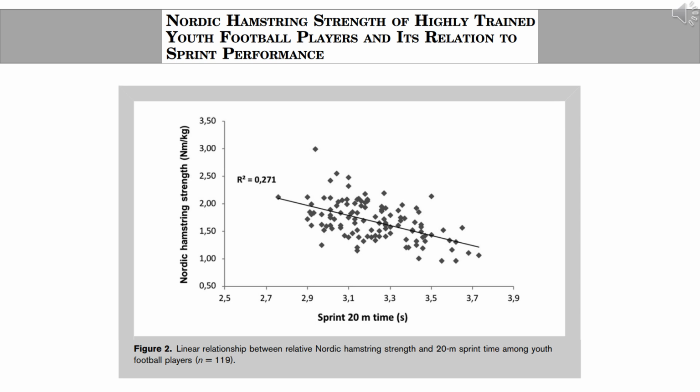So this also gives us a reasonably strong justification for why we would include the Nordic hamstring exercise as an assessment method, not only because the hamstrings are commonly injured in football, but also because hamstring strength appears to be a related factor for how fast these players can sprint. And of course, sprinting is one of the most common physical attributes that occurs during competition.